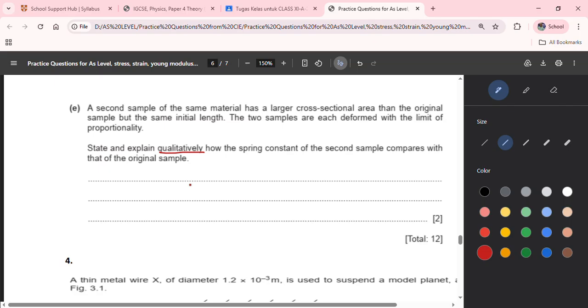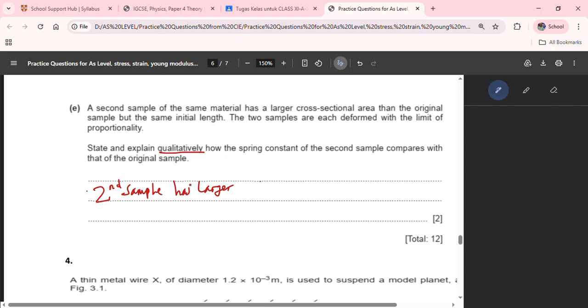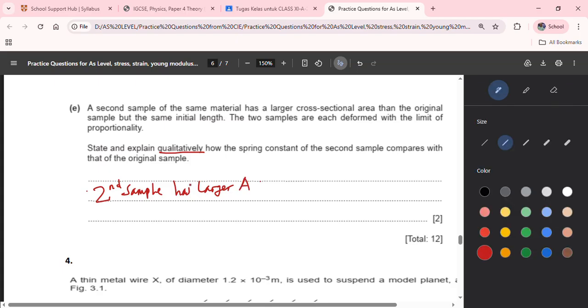So if the second sample wire has a larger diameter, okay, a larger cross-sectional area, larger A, it means that it needs more force to extend it.